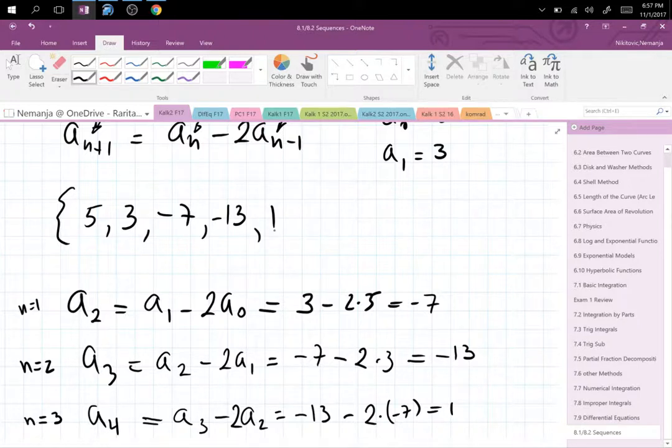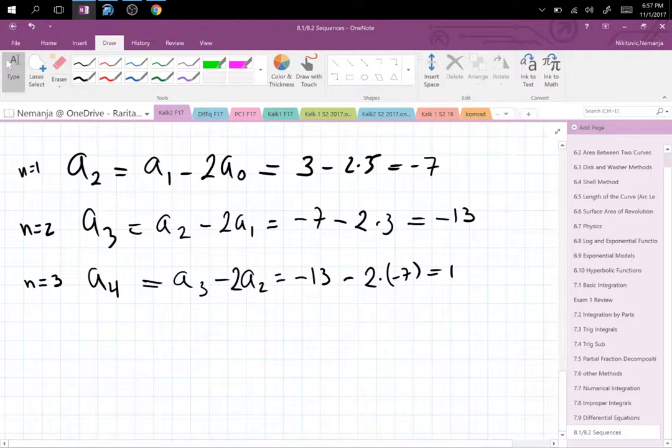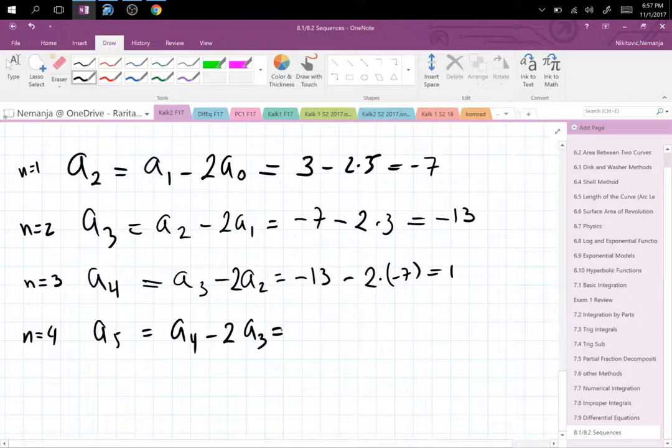Do we all have positive 1? Yeah. Calculate one more. n equals 4. That's going to give us A5, which is A4 minus 2 A3. Which is equal to 1 minus 2 times A3, and A3 is negative 13 over here.